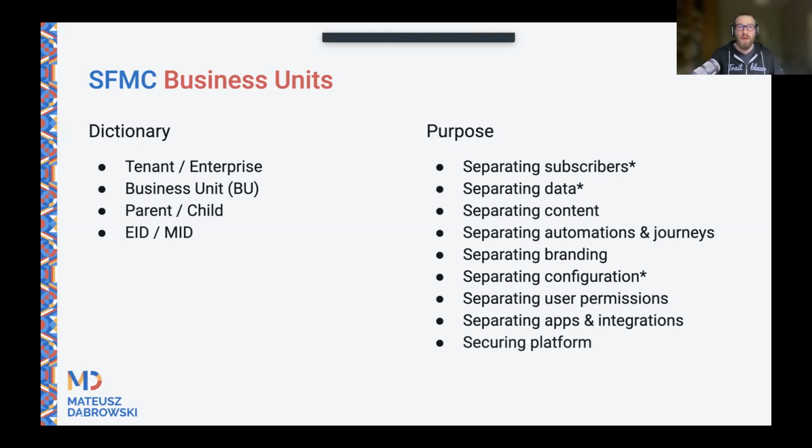Finally, going with the business units helps with securing the platform, because using all the above that I mentioned in terms of the business unit purpose is a way to implement the lowest needed level of permissions, to limit the access to the Marketing Cloud to only those specific elements that are truly needed for specific users.